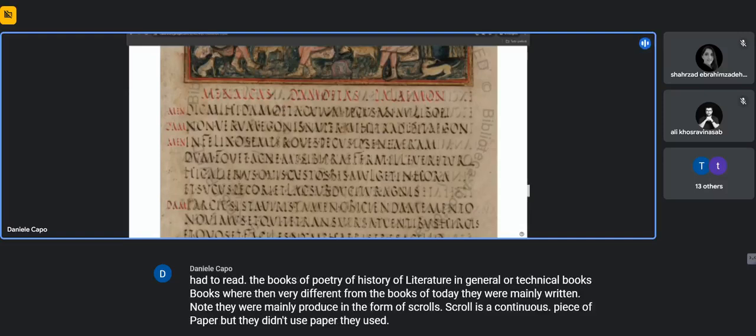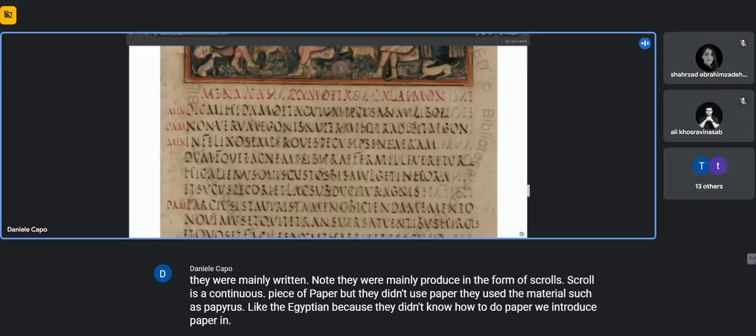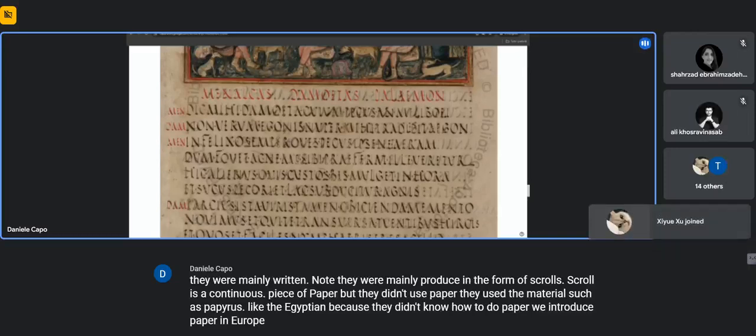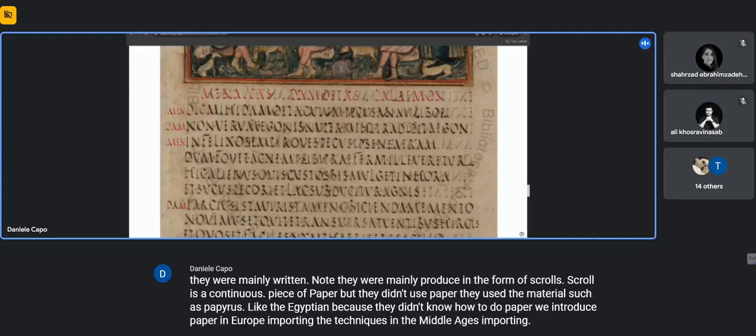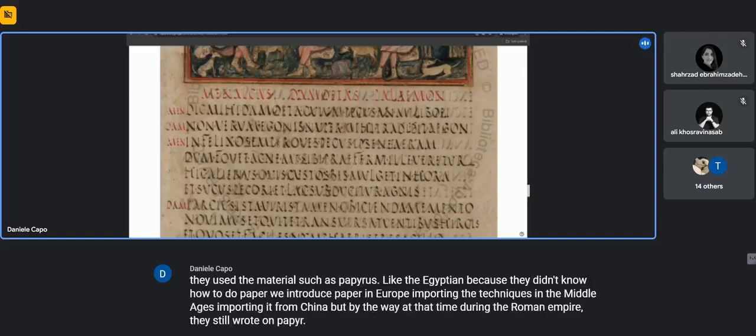They used material such as papyrus, like the Egyptians, because they didn't know how to make paper. We introduced paper in Europe, importing the techniques from China in the Middle Ages. By the way, at that time, during the Roman Empire, they still wrote on papyrus or parchment and other materials.